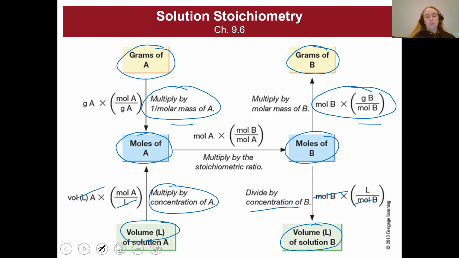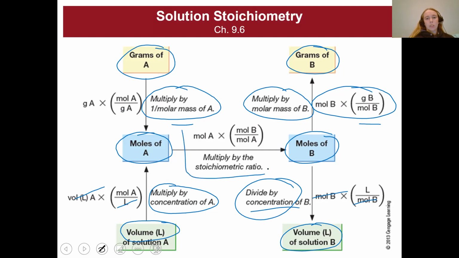So concentration is your conversion factor between moles and volume, just like molar mass was our conversion factor between moles and grams, or moles and mass, we should say. And our mole ratio will always be our conversion factor between two different substances. Okay, so these are your conversion factors you need to remember.